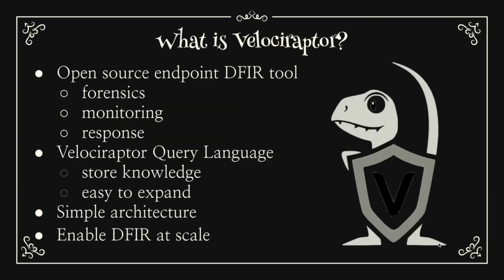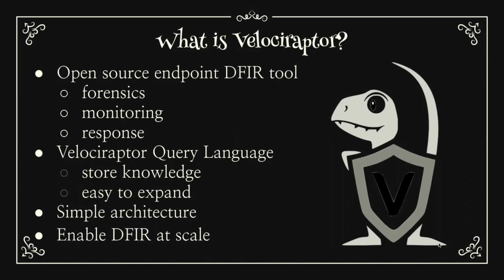So first of all, what is Velociraptor? Velociraptor is an open source DFIR tool, obviously. I think it's best used for forensics and doing that at scale and fast, like that point at the bottom says. But we can also do things like monitoring and response work with it. What drives Velociraptor is a query language that, funnily enough, is called Velociraptor Query Language.